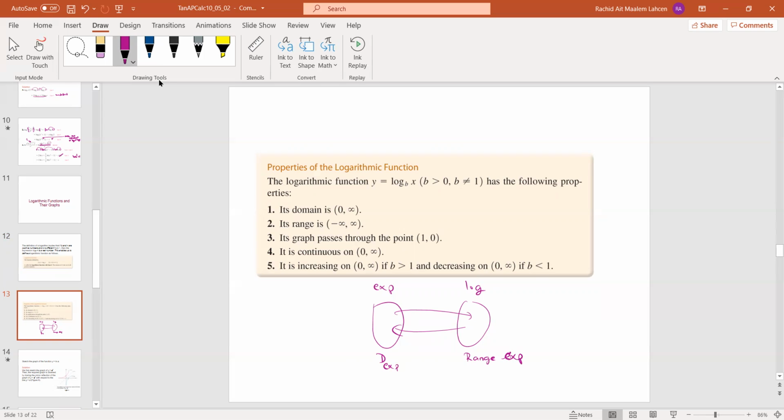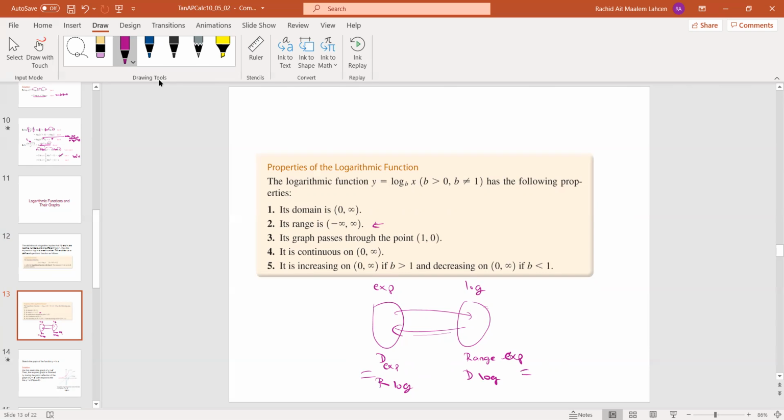And for this one, this log, it's going this way. So this is the domain of log. This is the range of log, right? And you see they're the same. So the domain of this exponential function is going to be the range of this logarithmic function.